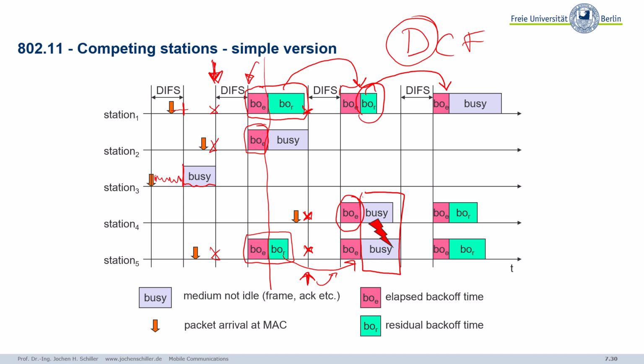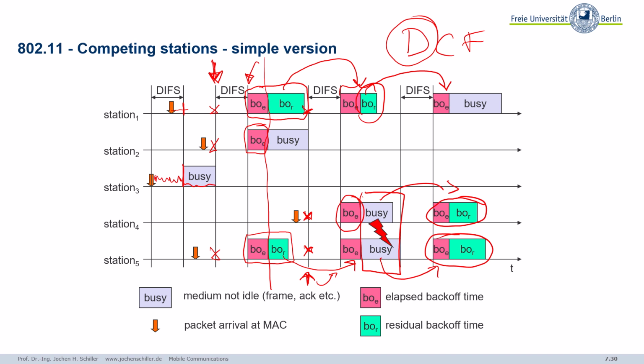And after a collision, station 4 and station 5 have to pick a new random number. Okay, that's the basic mechanism. You see, there still can be a collision. At least the system supports stations waiting for a longer time, but it depends on the random value what happens.